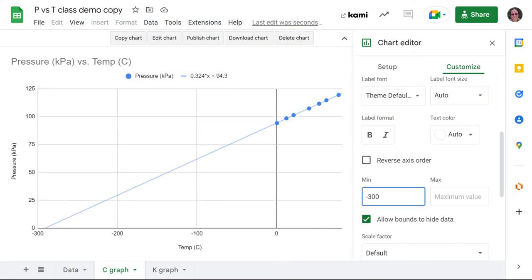Now, in actuality, the real number is -273.15 degrees Celsius, because of course our data is not perfect data. However, it's pretty good considering.